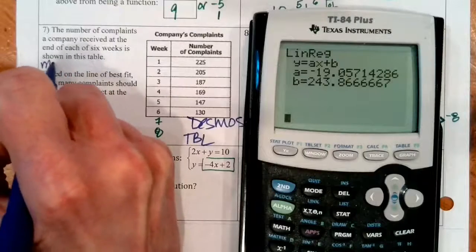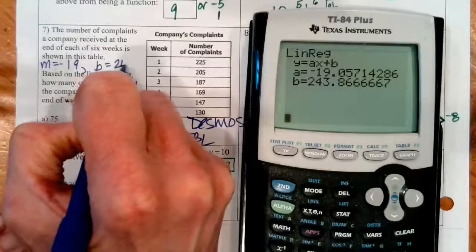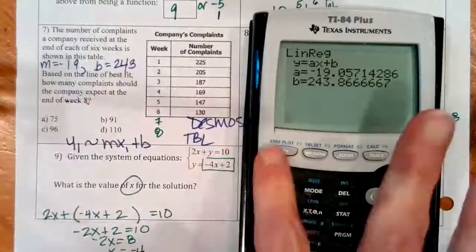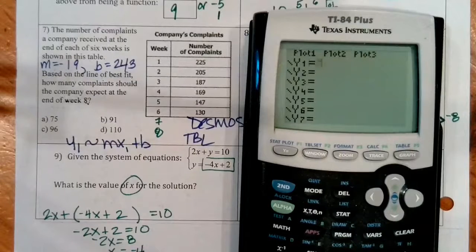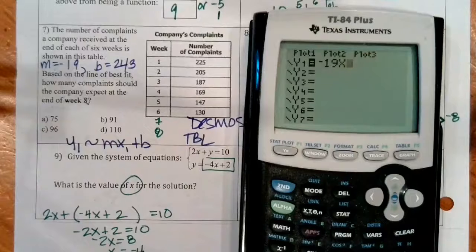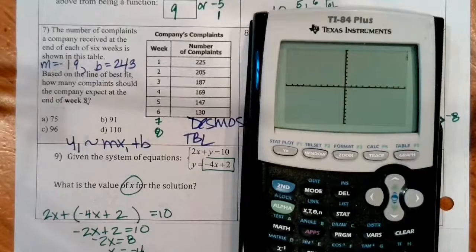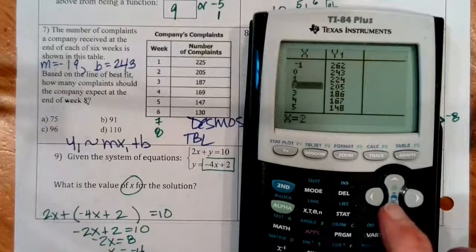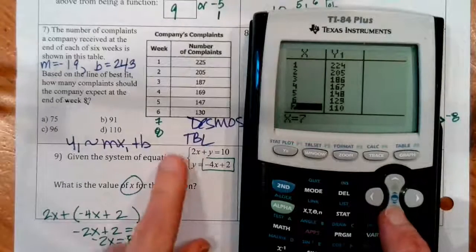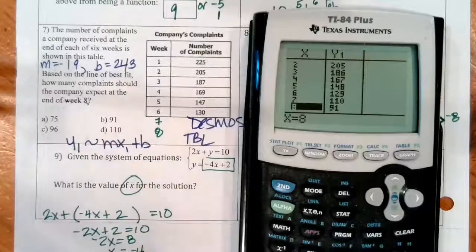So if my slope is equal to negative 19 and my b is equal to 243, we can go back into your y equals equation, and we could say negative 19x plus 243 is our equation. Graph it. It's too high up for us to see, but we can go to the table of values, and we can see at the end of week 8, we have 91 complaints.